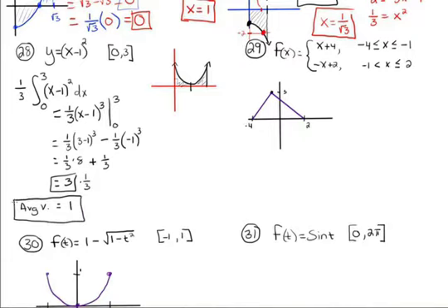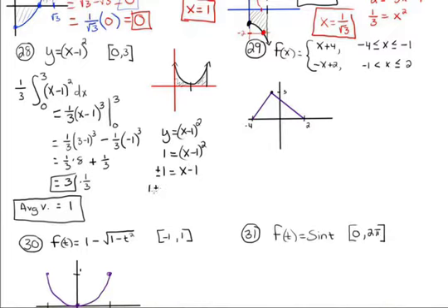So now the question is, where does the function actually have that height of 1? And so now I just take my function and I set it equal to 1. And then I'm going to solve this. So it looks like the easiest way would be just take the square root, which gives me positive and negative 1 equals x minus 1.